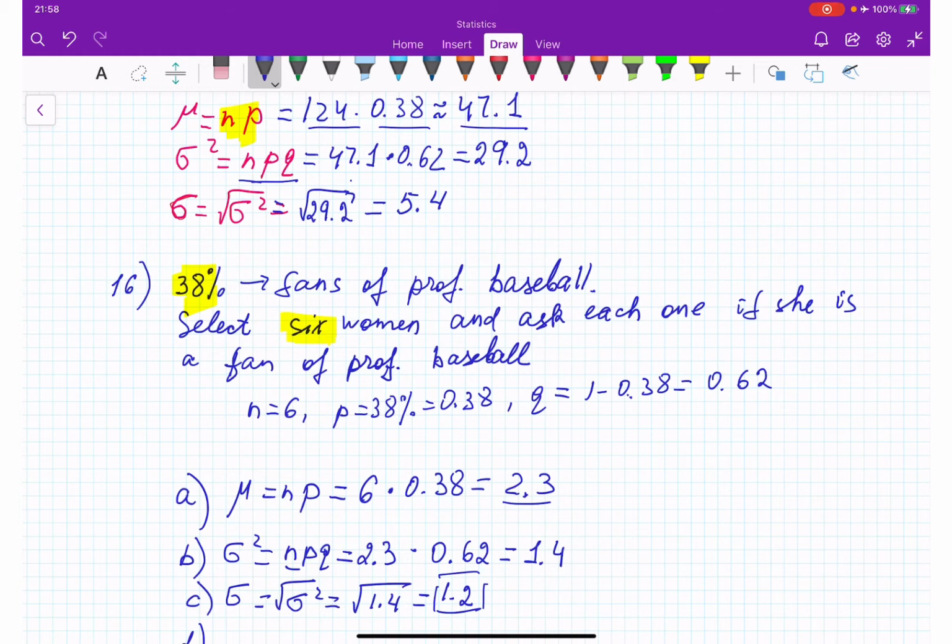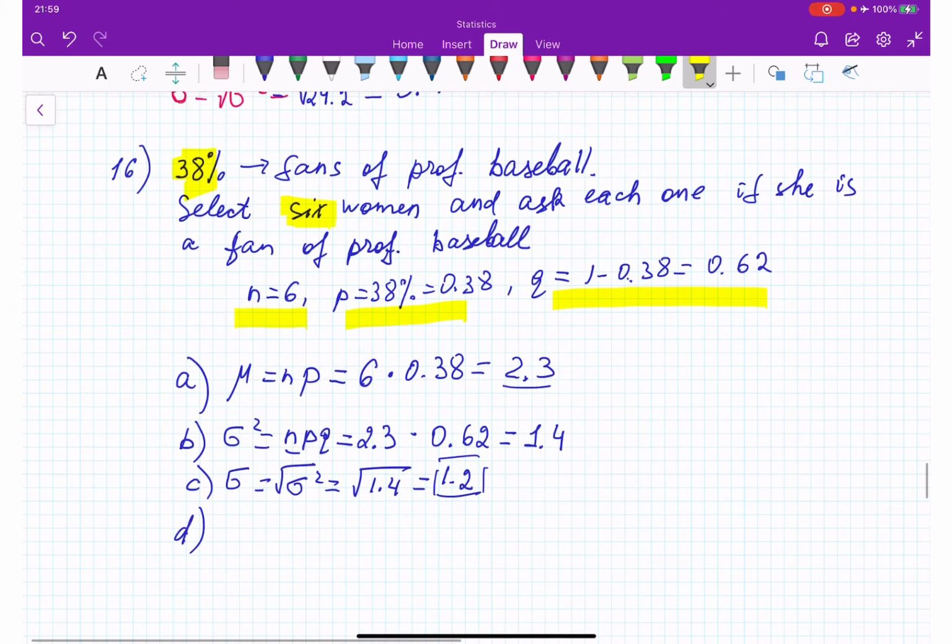So it's given 6 total women with a probability of success 38% or 0.38. And accordingly, q, the probability of failure, is 1 minus 0.38 equals 0.62 or 62%.